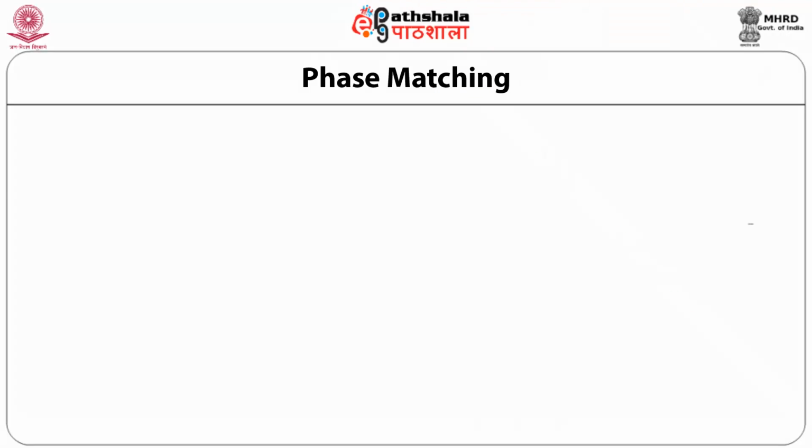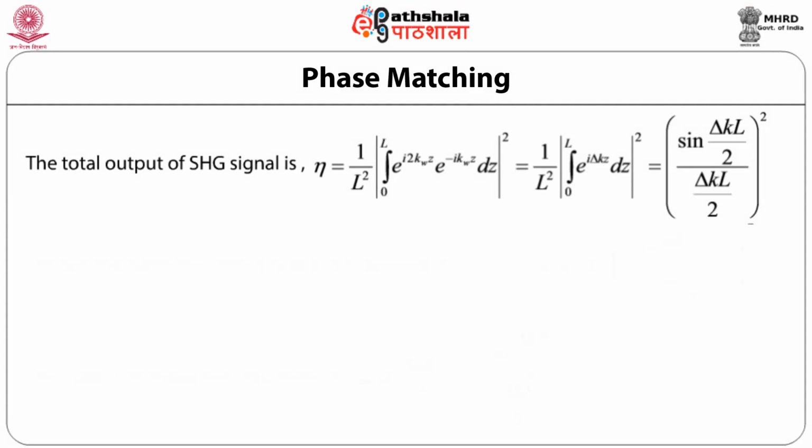In second harmonic generation, the applied driving field at frequency omega produces nonlinear polarization at frequency 2 omega. Phase matching. The phase matching of the radiated electric fields of frequencies omega and 2 omega is critical in second harmonic generation.